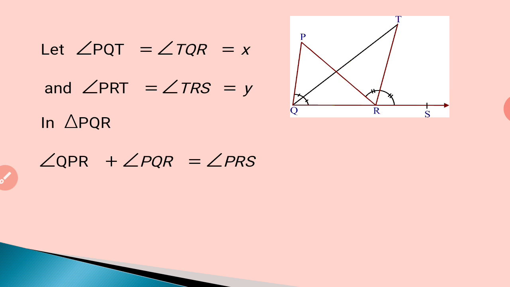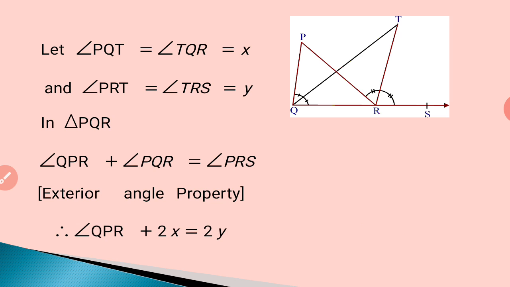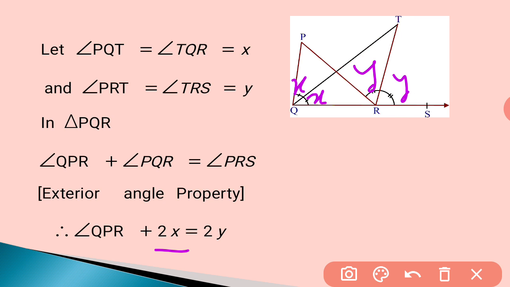Now angle QPR, let it be as it is, but angle PQR is divided into X and X that we have already represented, so I can write it as 2X. Similarly, angle PRS is written as Y and Y, so it has become 2Y. So we have a new statement that reads as angle QPR plus 2X equal to 2Y.